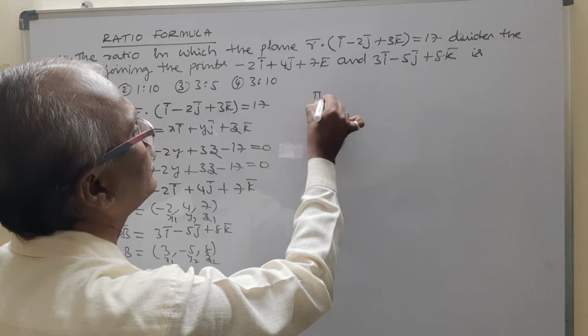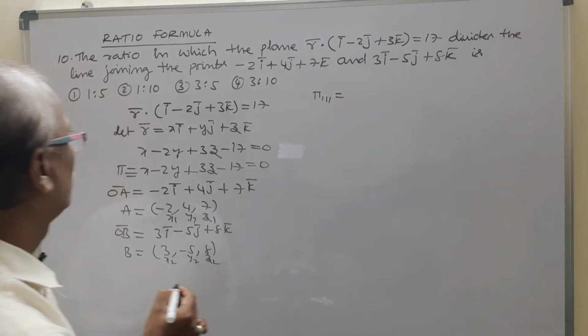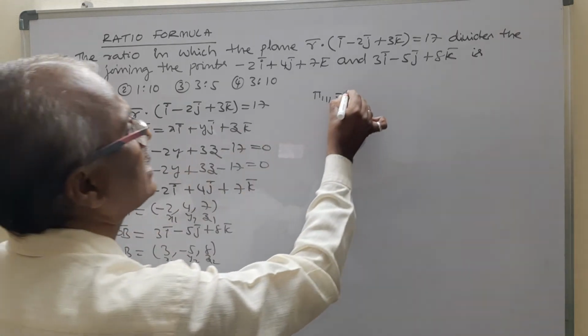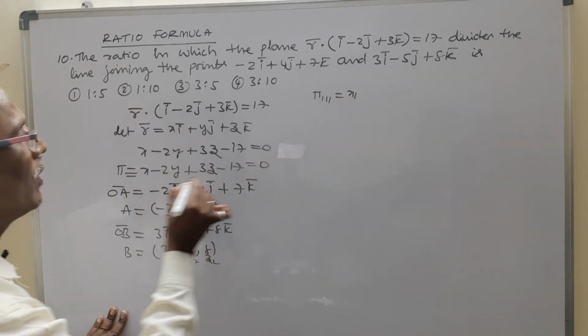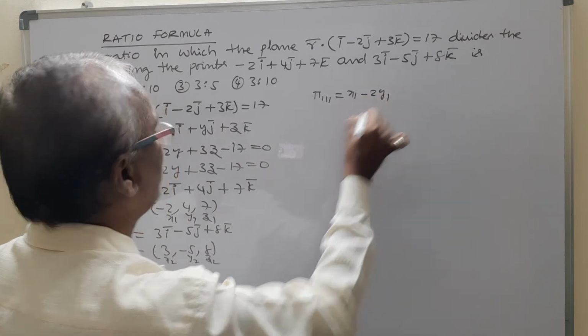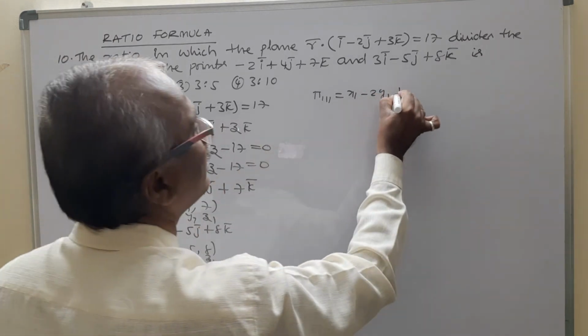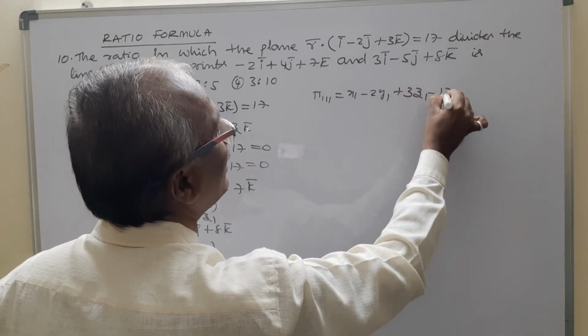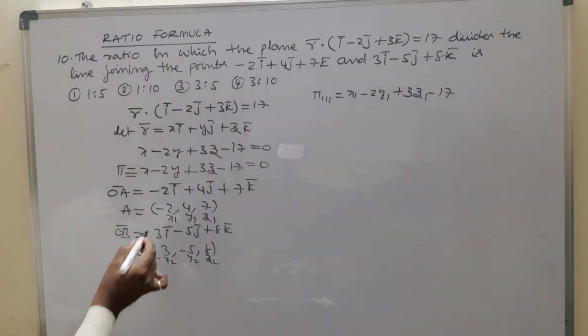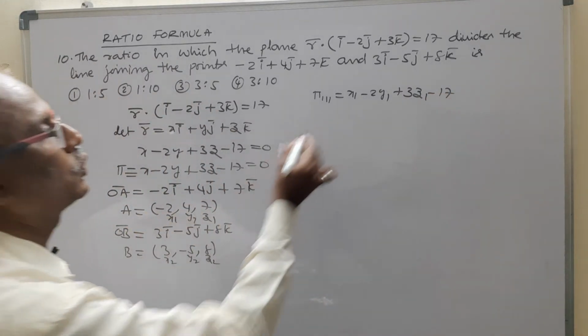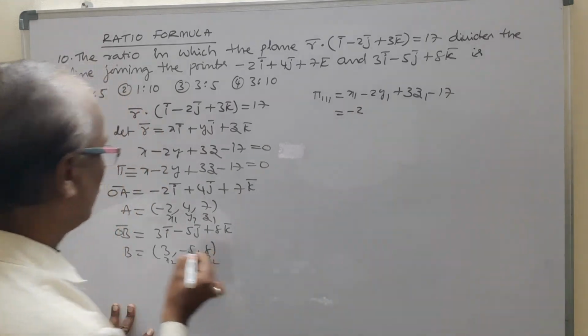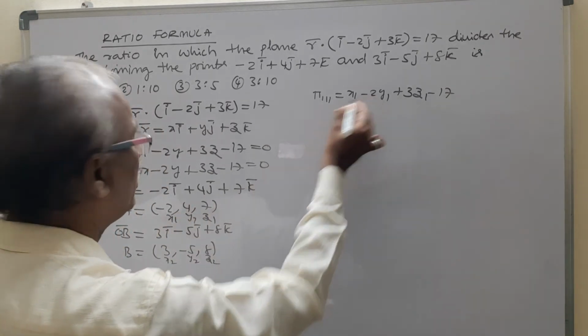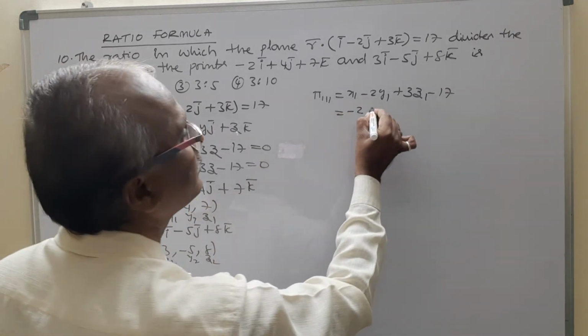To find pi triple 1, in the plane equation x1 minus 2y1 plus 3z1 minus 17, apply the first point. Here x1 is equal to minus 2, y1 is equal to 4, minus 2 into 4 is minus 8.